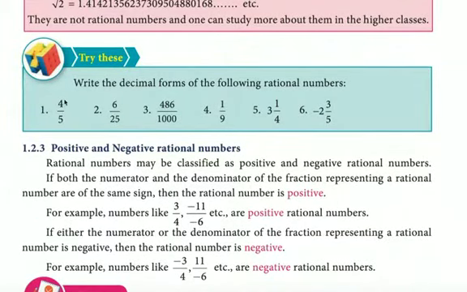Decimal form: this is 0.8, this is 24 by 100, 0.24, and this one 0.486, and this one 0.1111, otherwise 0.1 bar.